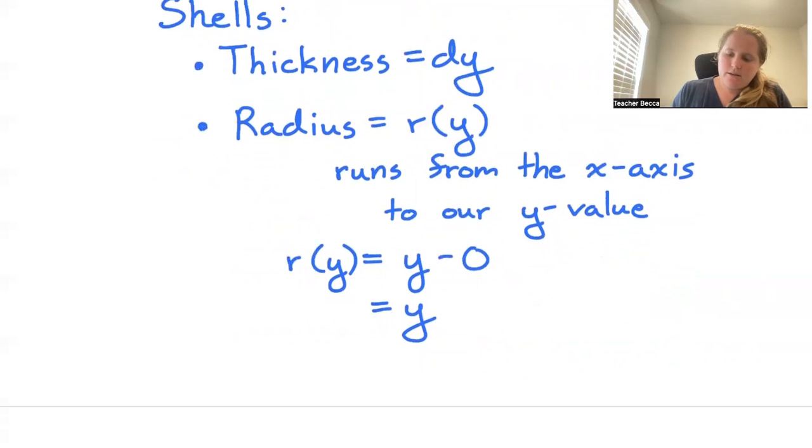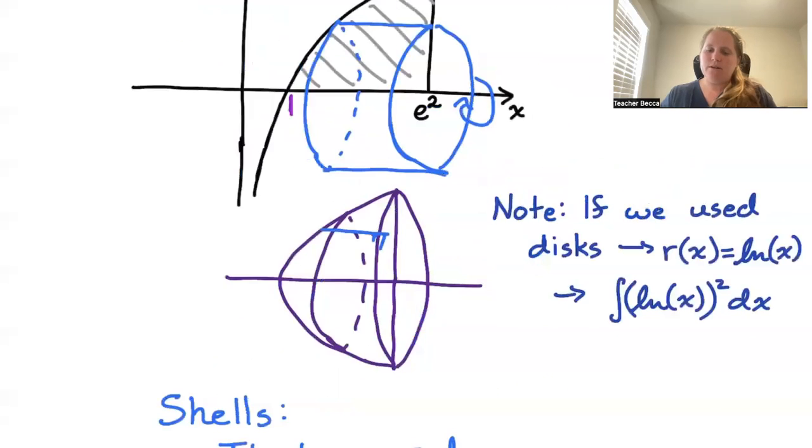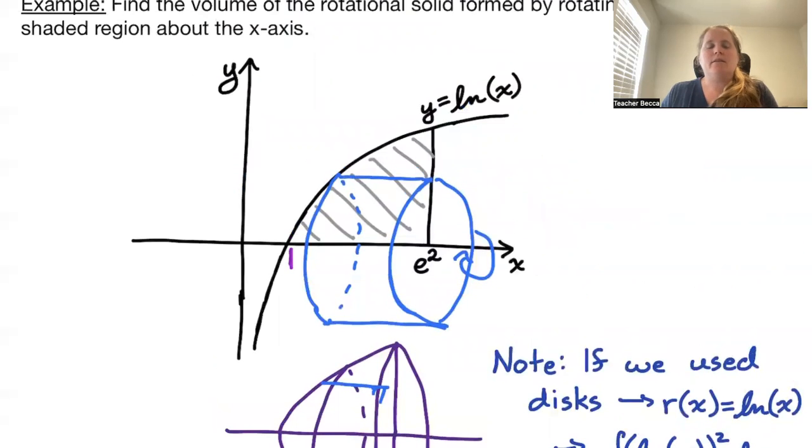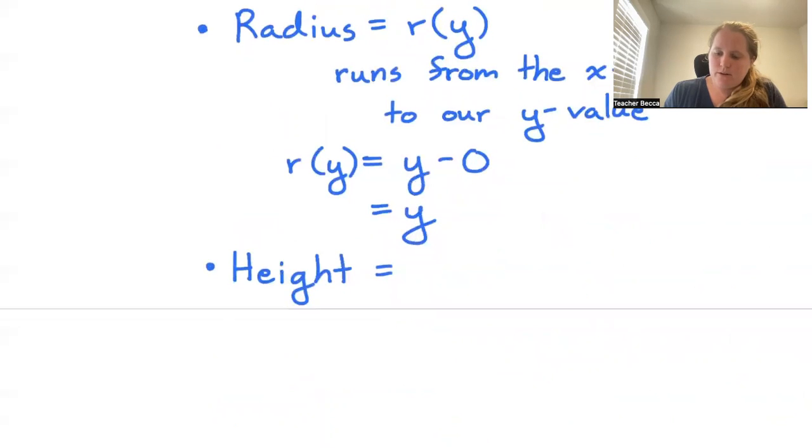For our height, if we look at our cross sections, our height runs from x up to e squared.